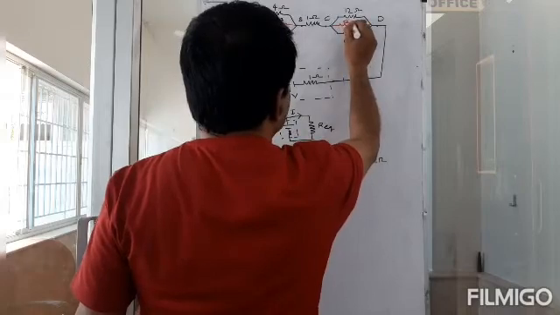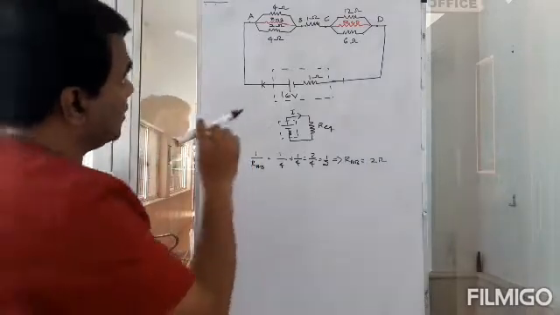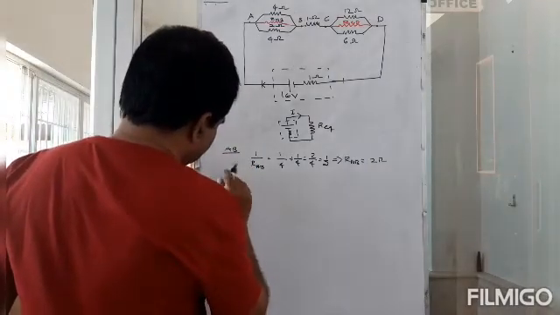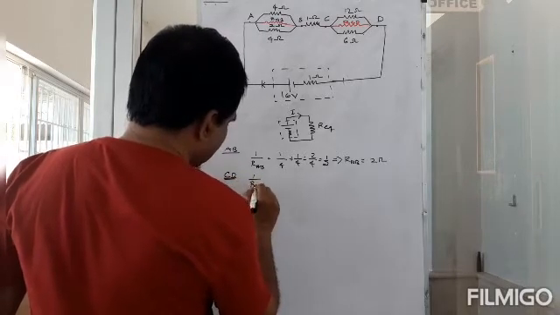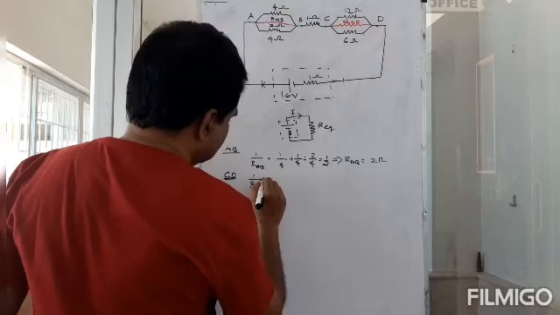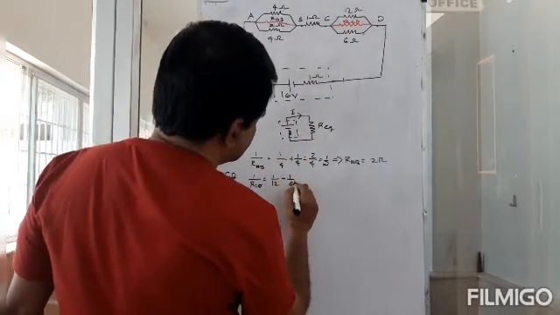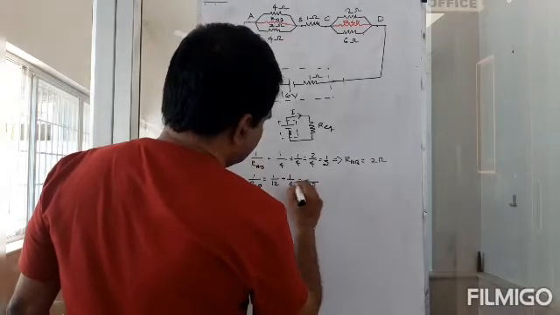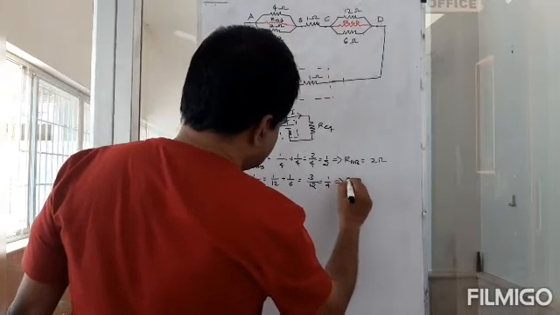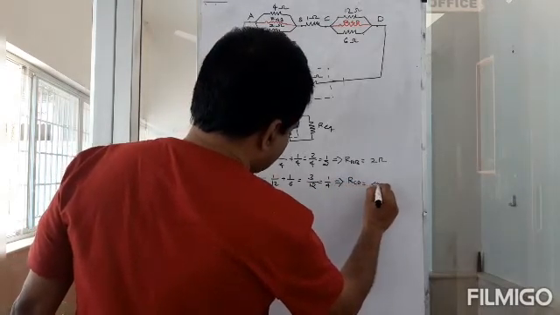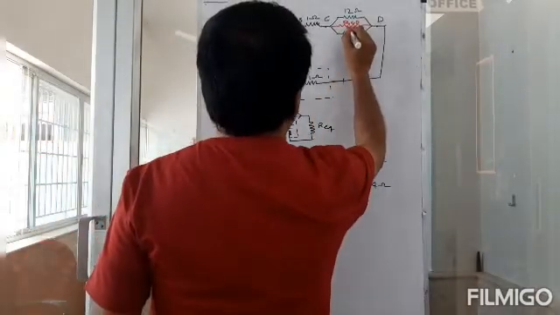I'll call this RCD. And what is RCD? 1 by RCD is equal to 1 by 12 plus 1 by 6, and that gives you 12, and 2 plus 1, 3, 1 by 4, so RCD is 4 ohms.